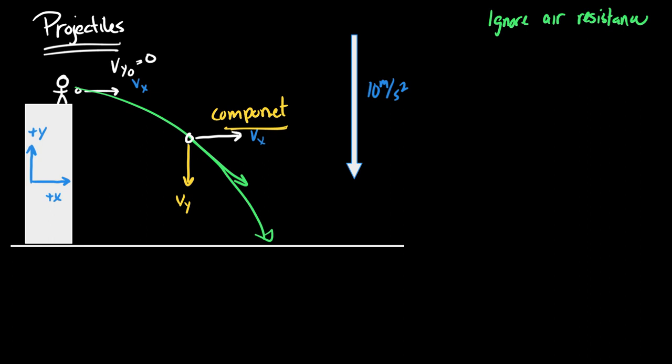Component vectors tell us how much of our vector is in a given direction. So I could say x component or horizontal component, I'm referring to the same thing.